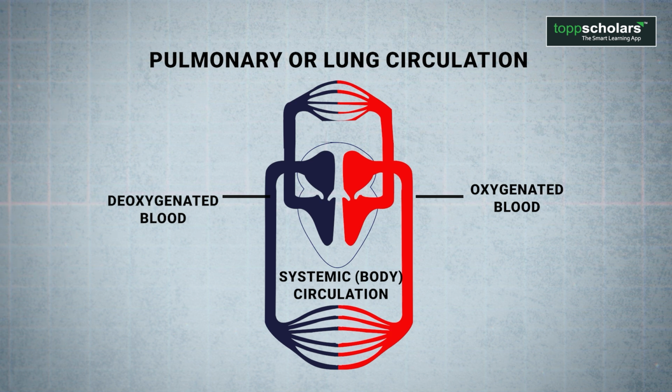By focusing on these labels, that is the pulmonary circulation, the systemic circulation, and the directional arrows, you can easily identify the dual pathways of the double circulation in human beings. That's all about the general plan of double circulation of the blood.